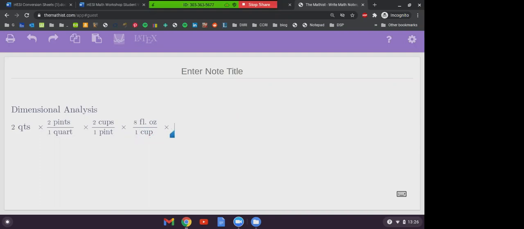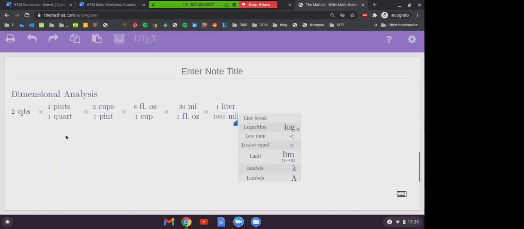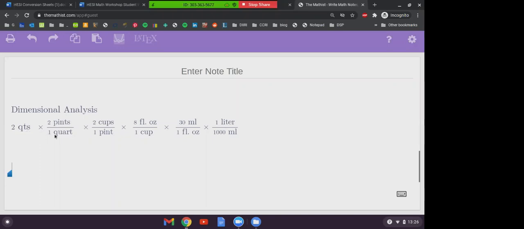I also know, and I made this one really long on purpose, that 1 fluid ounce is equal to 30 milliliters. Now I'm in the metric system. And then I know that 1 liter is equal to 1,000 milliliters. Notice all my diagonals cancel: quarts with quarts, pints with pints, cups with cups, ounces with ounces, milliliters with milliliters, and I'm left with liters, which is what the question is asking for.